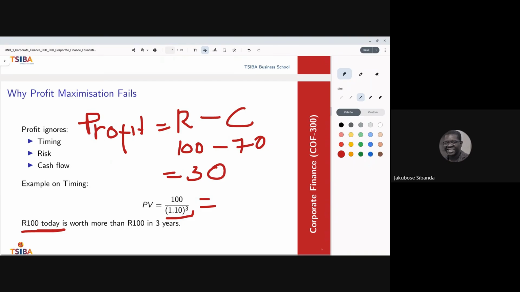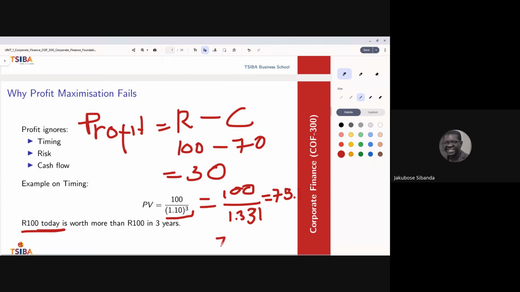I'm getting 1.331. So my final answer would be 100 divided by 1.331, which gives 75.13.